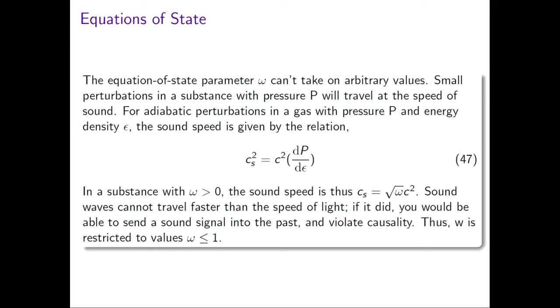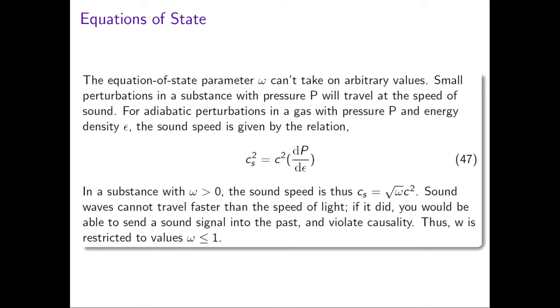But there is also a case that we have come to understand wherein omega is less than minus 1 by 3. We take this condition very seriously. If omega is less than minus 1 by 3, it means it is exerting a negative pressure. This is what people refer to as dark energy.